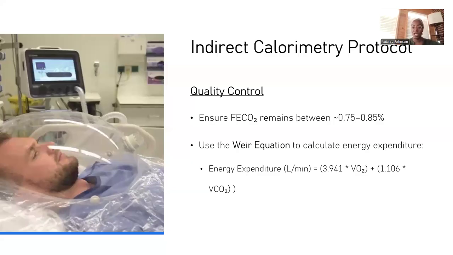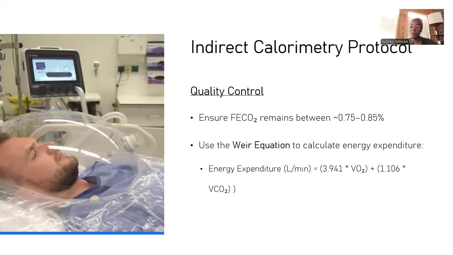Some notes about quality control. During this test, as the researcher, we have to ensure that the fractional expiration of CO2 remains between 0.75 and 0.85%. We have a device within the gas analyzer where we can measure the flow rate.